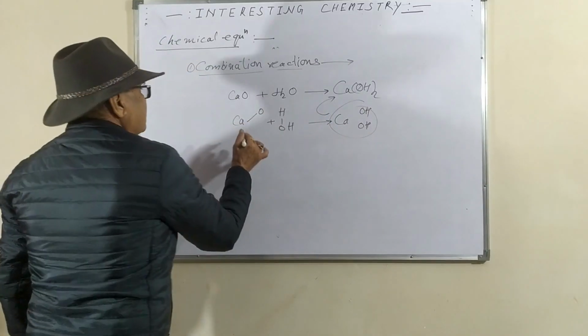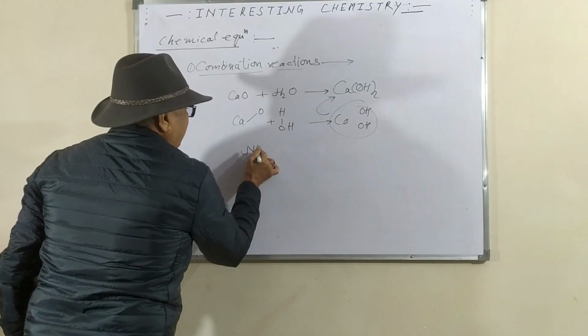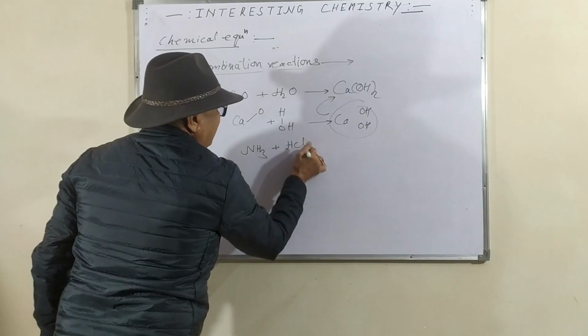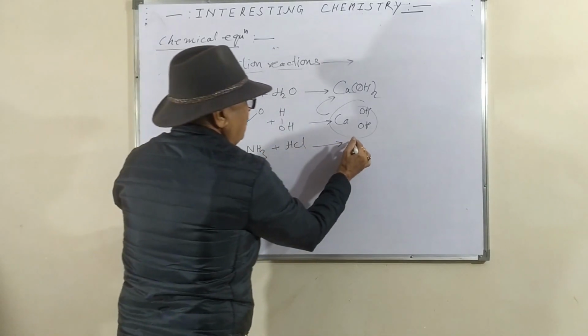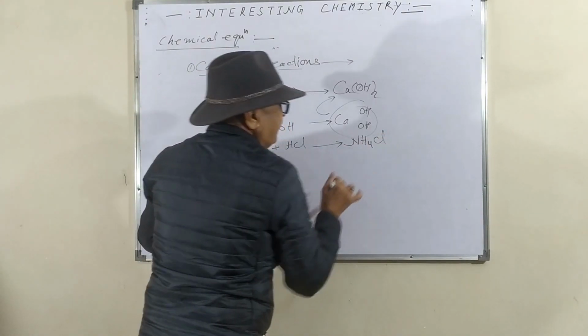In the same way, suppose you are taking NH3 plus HCl. Both will combine with each other to form NH4Cl.